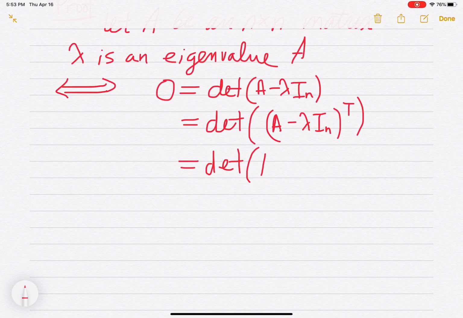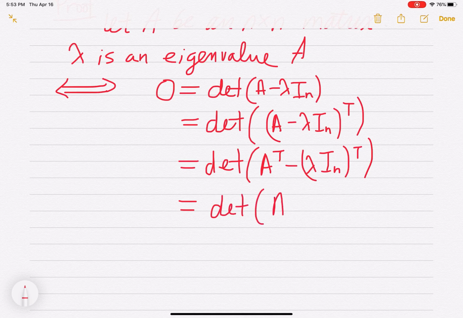So this is A transposed minus (lambda I) transposed. Lambda I is basically the identity matrix with lambda down the main diagonal instead of ones. When you transpose that, you still get lambdas down the main diagonal, so it's the same thing as lambda I.